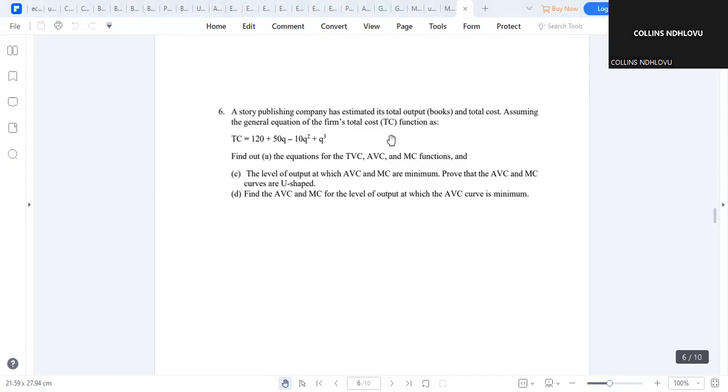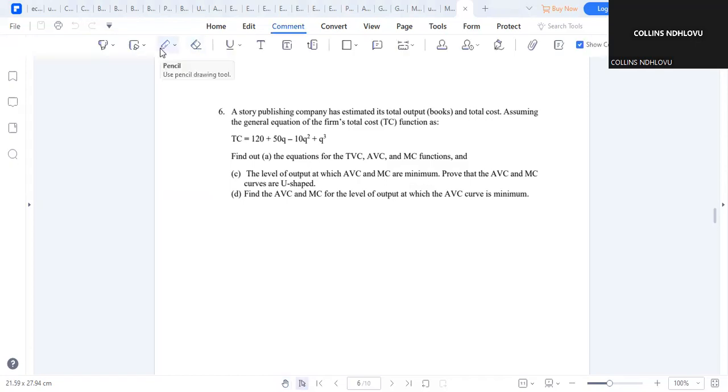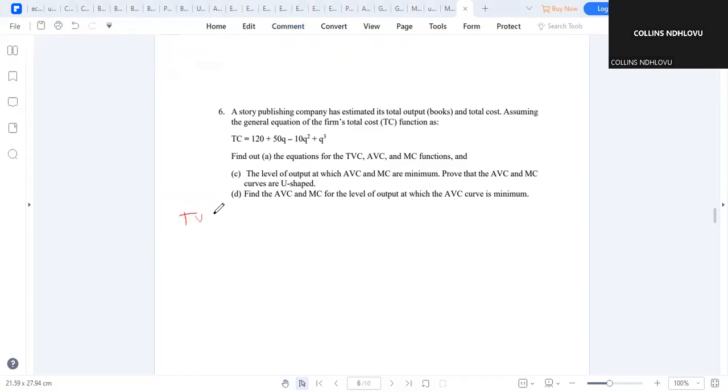So what was our AVC? Quick, can you remember? What is our total variable cost? 50Q minus 10Q squared plus Q cubed.